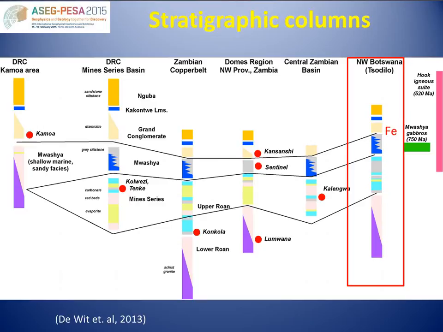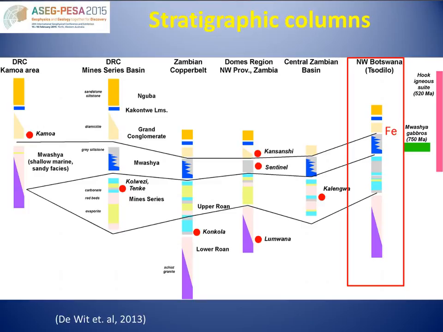So if you look at a classic Copperbelt stratigraphic column, this is down here in the Lower Roan, where one normally associates Copperbelt deposits. But what's happening is in the Upper Roan, and particularly in the Mwashia over here, we have these carbonate and shale-rich lithologies. There is Sentinel Mine, which is associated with the Mwashia shale, and it's quite graphitic.